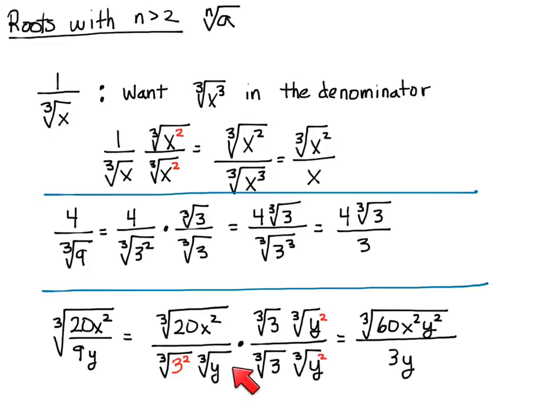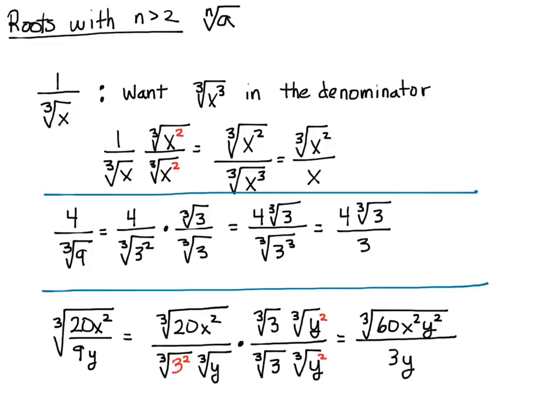So in order to come up with a rationalizing factor, I have to rationalize both of those. So the first one I'm just going to use 3, because 3 times 3 squared is going to be 3 cubed. The next one, I'm going to do y squared, because that y squared times y gives me y cubed.